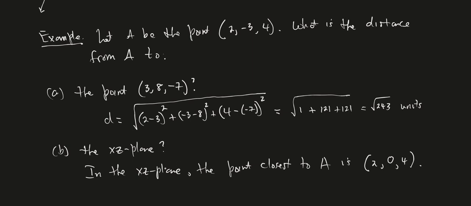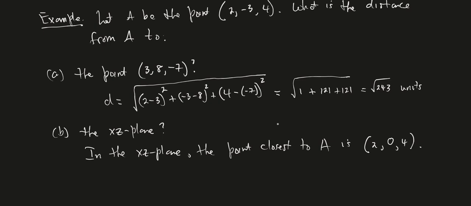So now to answer the question about the distance, use our distance formula and find the distance from this point to this point. Now when you look at it, you might be able to tell what the answer is, but I'm going to go through the calculations and then come back and say, hey, we should be able to just look at it and tell.